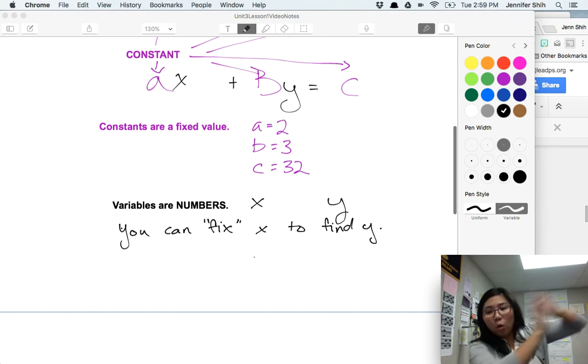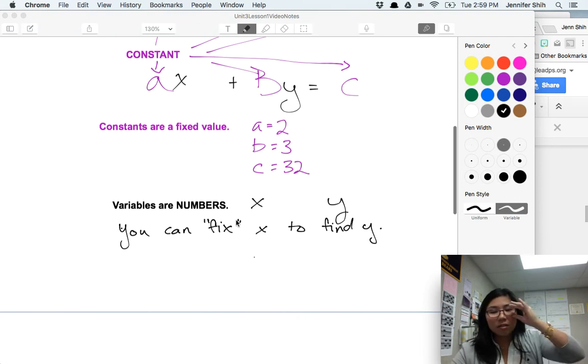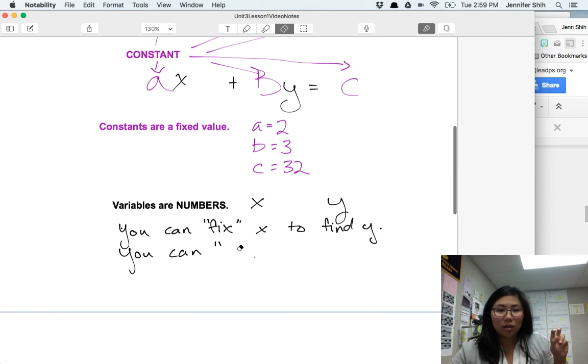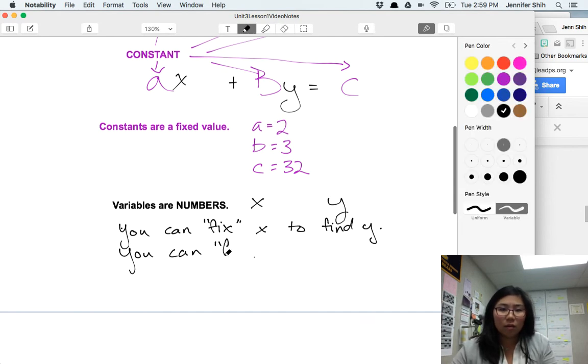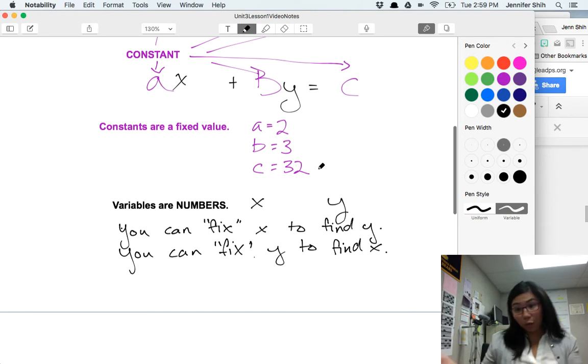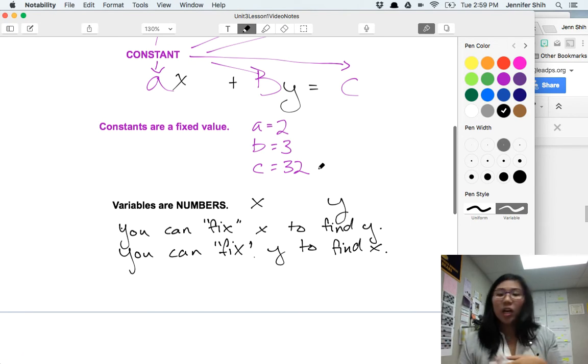When you fix something, you hold it in place, which means we can take a number and substitute x in to find y. You can also fix y to find x. So if we knew how many 3-pointers she shot, our y value, you can find your x value by solving for x. And that's what we've been practicing this whole year.